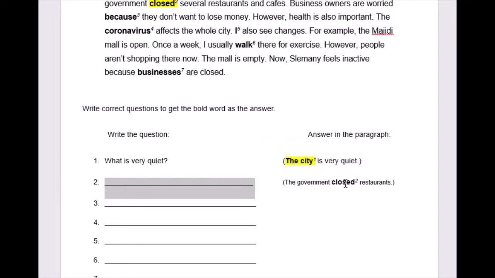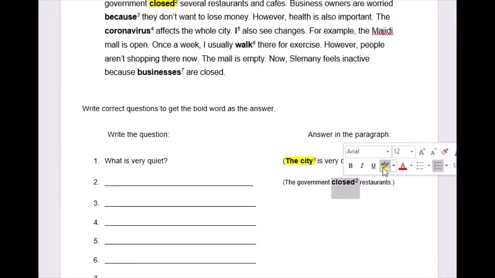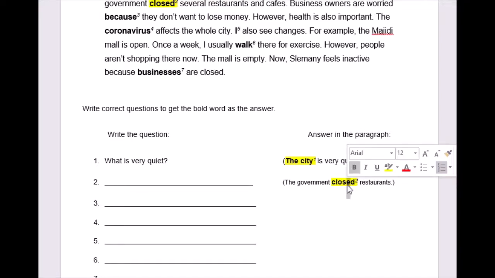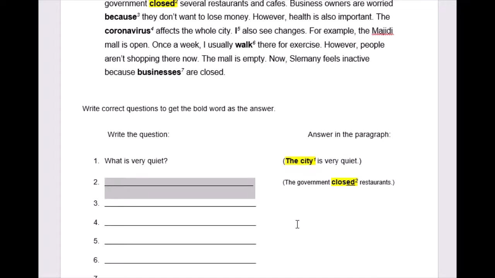So what time is this? Is this the present or the past? Well, this verb closed is past simple because we have ed, okay? And so the government closed restaurants.